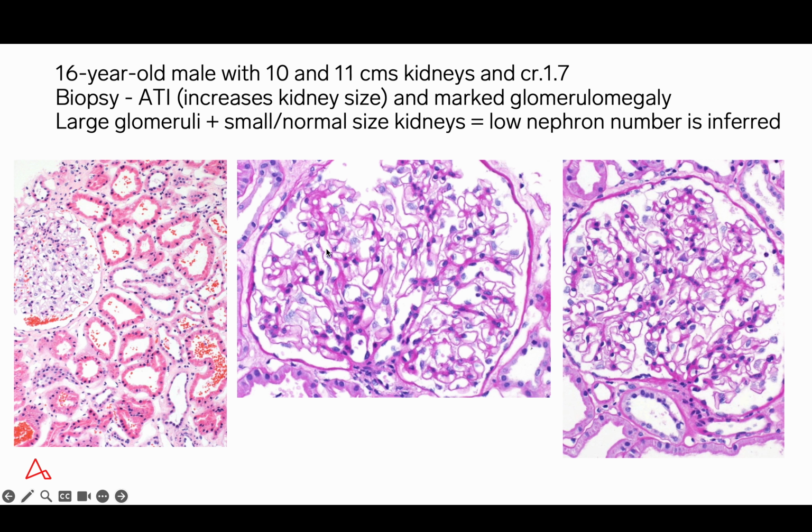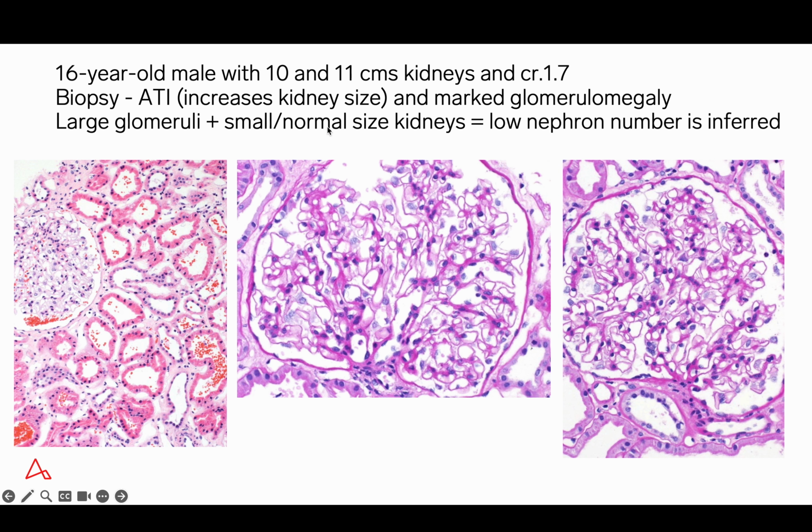Here's another example which maybe is a little more challenging to recognize. This is a biopsy from a 16-year-old with 10 and 11 centimeter kidneys and creatinine elevation to 1.7. Now, 10 and 11 centimeters may be approximately normal size for a 16-year-old male. However, the creatinine of 1.7 is due to acute tubular injury, which results in interstitial edema and artifactual enlargement of the kidney size.